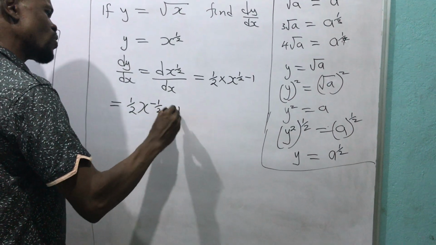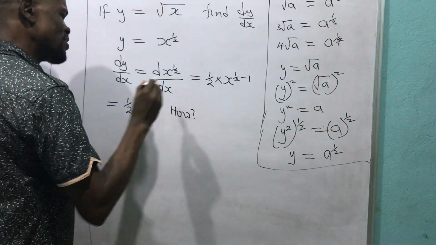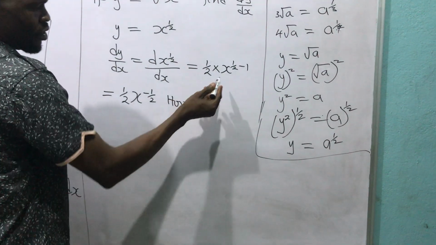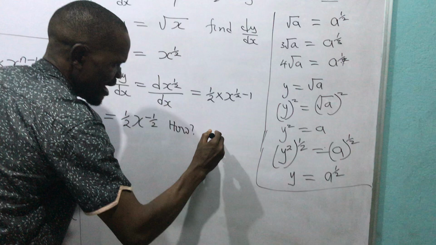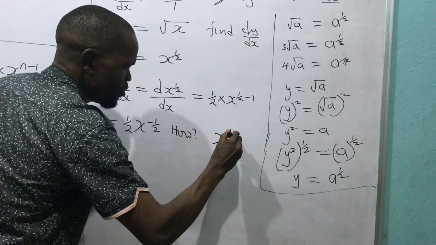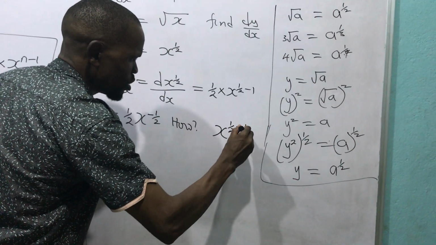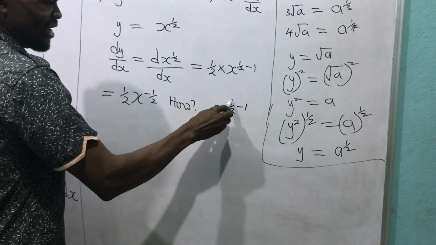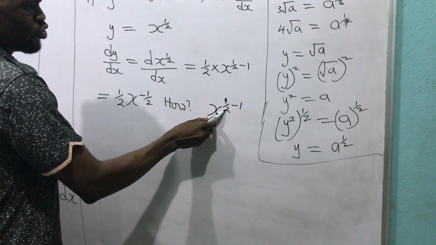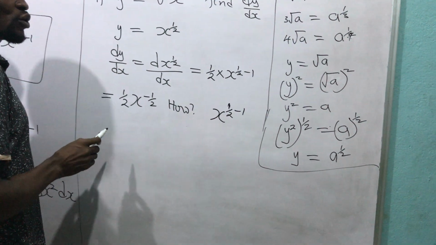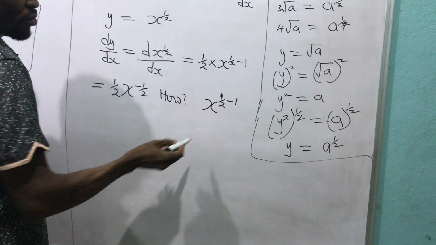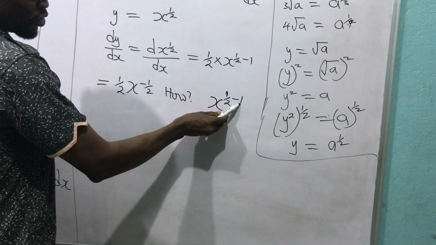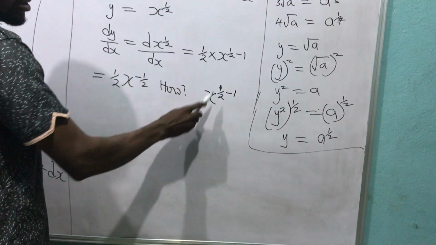Somebody will say how? How do we get that? The shortcut: what do you do when I have x raised to the power 1 over 2 minus 1? Instead of doing otherwise here, what I did is this 2 times minus 1 will give me minus 1.